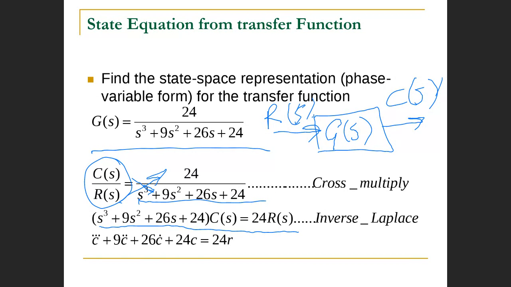So right here we would have s cubed times c of s. Are we seeing that? Yes, sir. And when we take the inverse Laplace of s cubed times c of s, what do we get? We get the third derivative of c of t. See it right here?